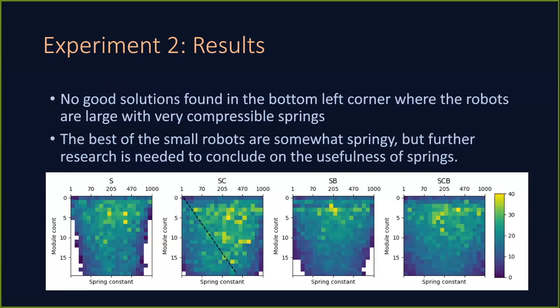So here you can see the resulting maps for running this algorithm 20 times. The dimensions of each map are the module count on one axis and the spring constant on the other axis. And the algorithm then searches for the best individual within each square of this map. These four are then the four different combinations of modules.